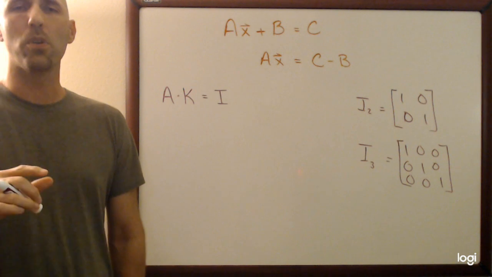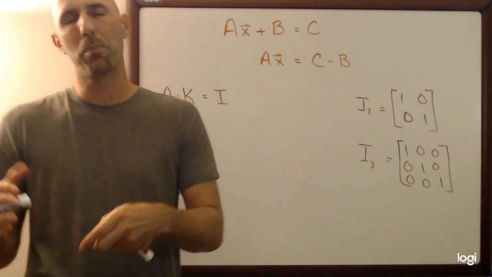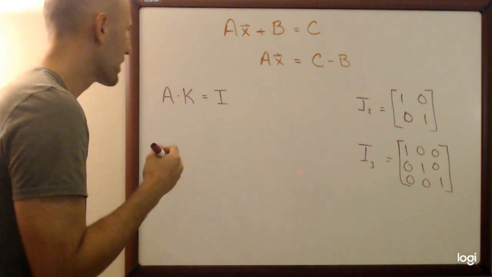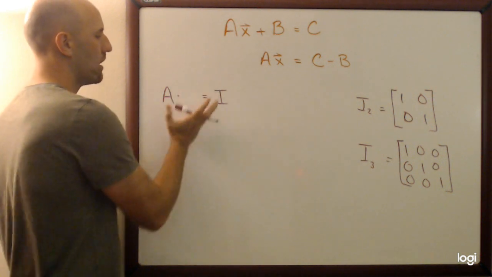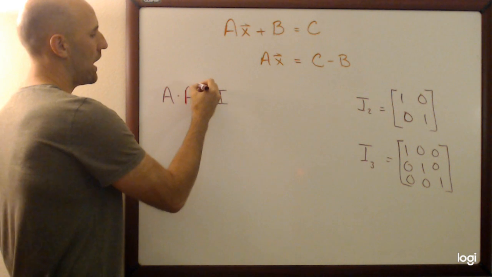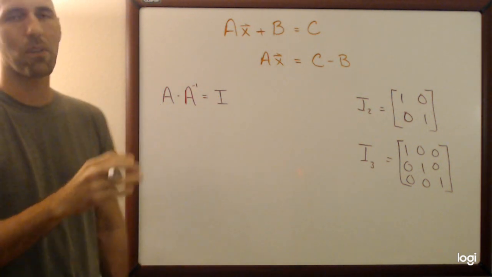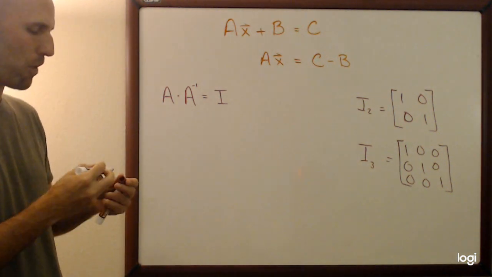And you'll notice that if you multiply something times 7, then multiply it by 1/7, you have no change, right? That's what we're looking to do, okay? And so at that point, I would replace K with this symbol. We have A, and we'll put a little -1 exponent there to represent A inverse. This is the inverse multiplication matrix for A, okay?